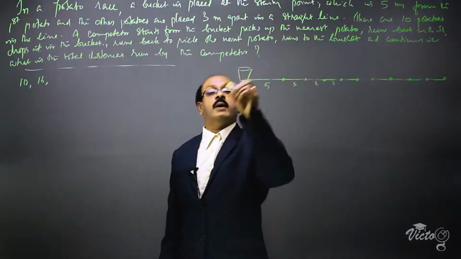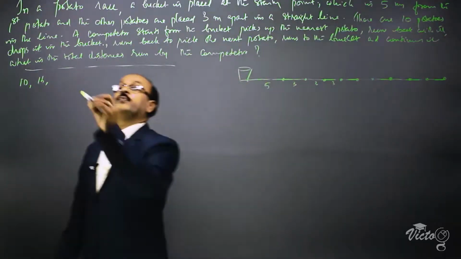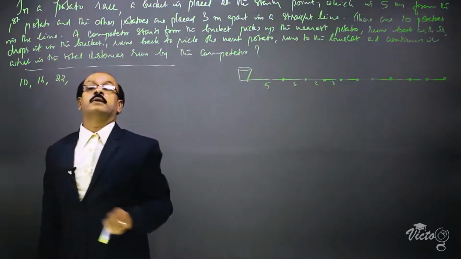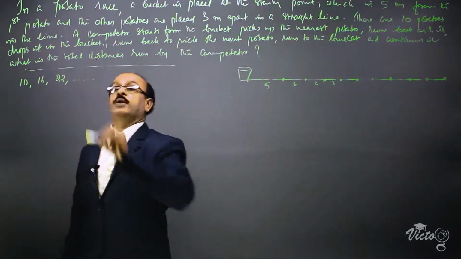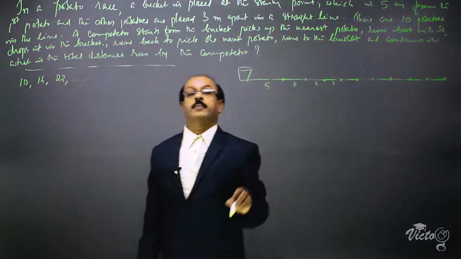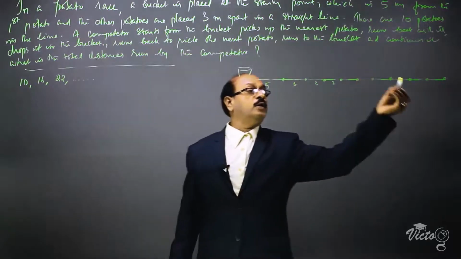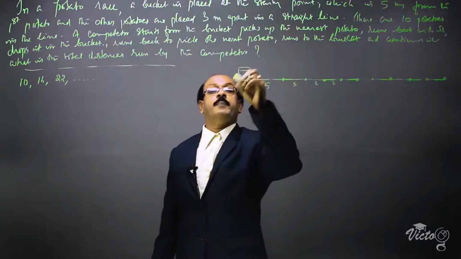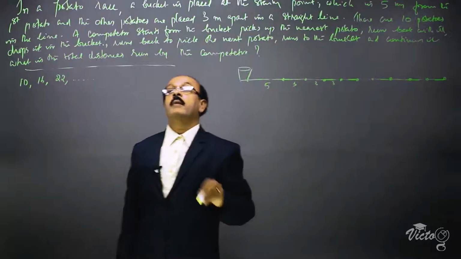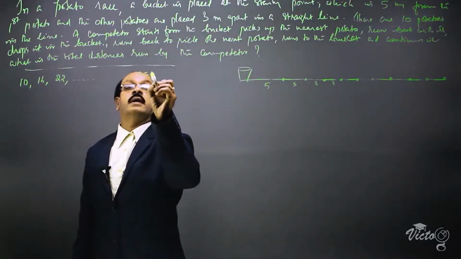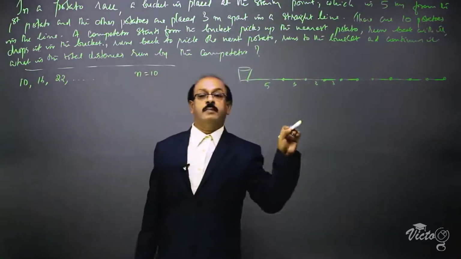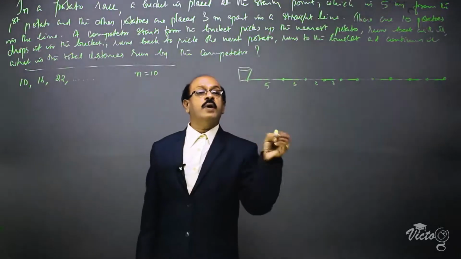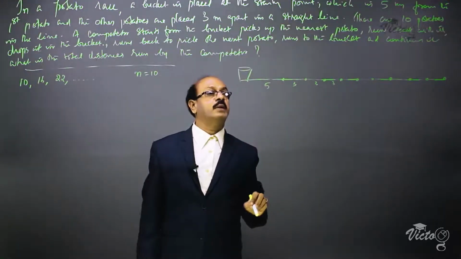Then coming back to the bucket, it is 22 meters. The process continues: 10, 16, 22, etc., till the 10th potato is put in the bucket. The number of terms is 10, since 10 potatoes are there, so n is equal to 10. Now we have to find the total distance run by the competitor.